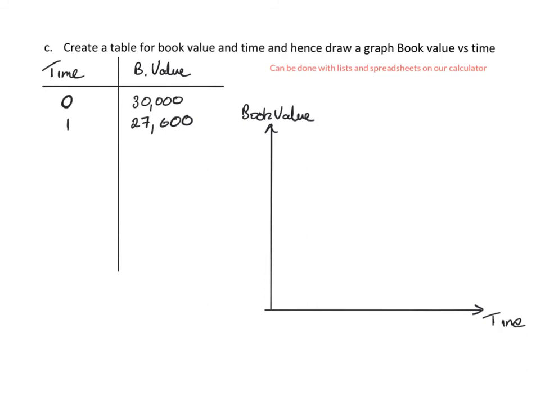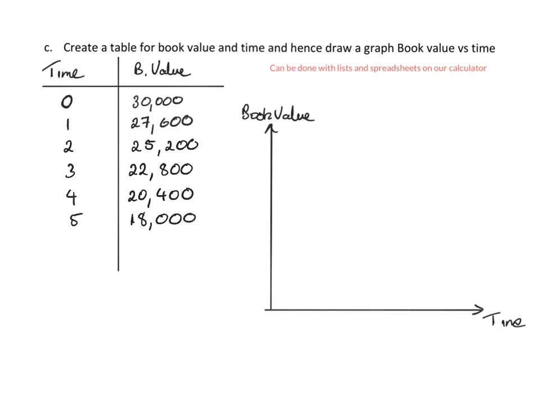So let's keep going. When we have 2 years, it's depreciated to $25,200. After 3 years, it's depreciated to $22,800. After 4 years, it goes to $20,400. After 5 years, it goes down to $18,000. So I want to keep going down as far as the book value.